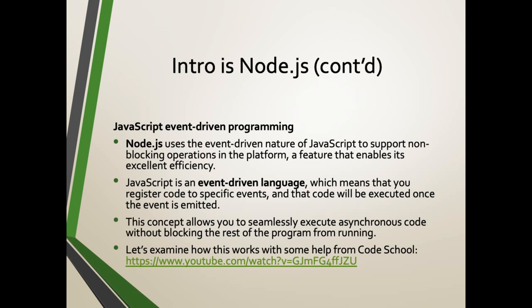So this is called event-driven. It's an event-driven language, but is also a functional language. This allows you to execute what is called asynchronous code, which we'll get into in a little bit, because asynchronous versus synchronous code can sometimes be a little bit confusing.